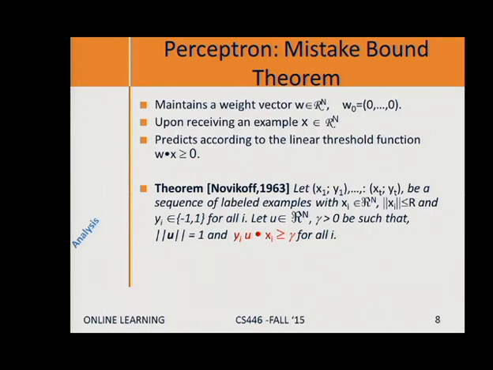If y is positive, it's a positive example, then I'm saying that the dot product u dot xi is greater than gamma. If it's negative, it's minus 1, I'm actually saying that the dot product is less than minus gamma. So essentially, I'm taking some width around my linear separator and saying that the data is outside it.